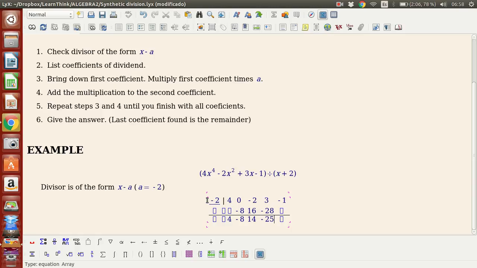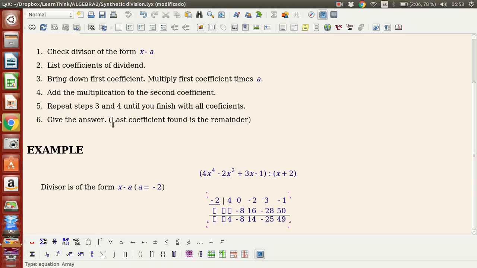Multiply negative 25 times negative 2 is 50, and 50 minus 1 is 49. Okay, we repeat the steps until we finish with all coefficients. So we have the coefficients here.